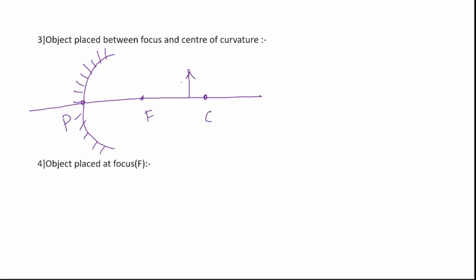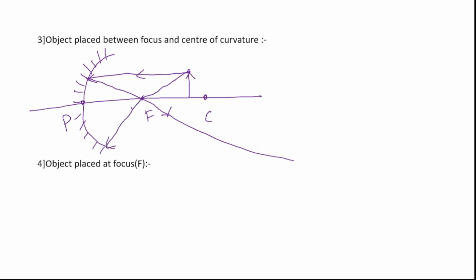So let us say a ray has fallen from this object onto this mirror in this direction. This ray will get reflected back passing through the focus in this direction, right? Now let us say another ray has fallen passing through the focus onto this mirror.